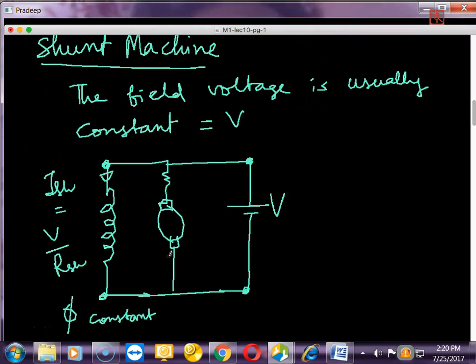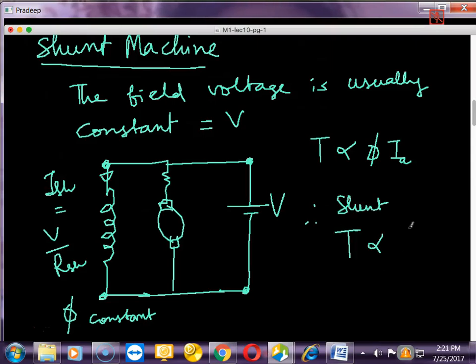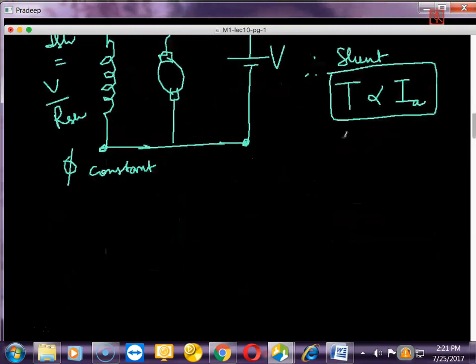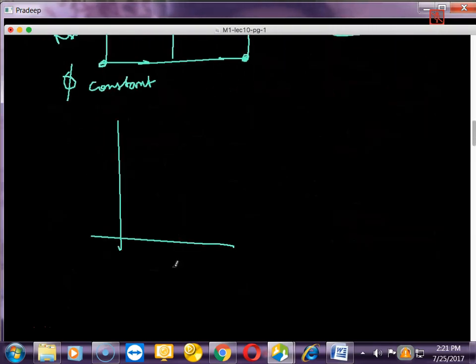So the IA may increase or decrease, that happens in this branch. So torque is proportional to flux and IA, but because flux is constant, for a shunt machine torque is proportional to IA. This is the main point about the shunt machine. So if I want to draw the armature current versus torque characteristic, it will be a straight line like this.